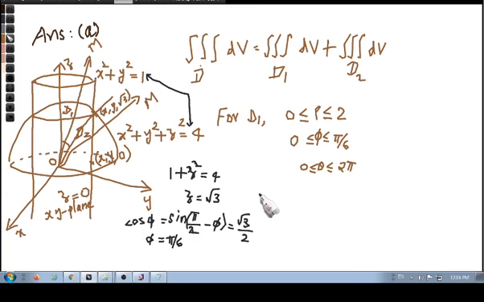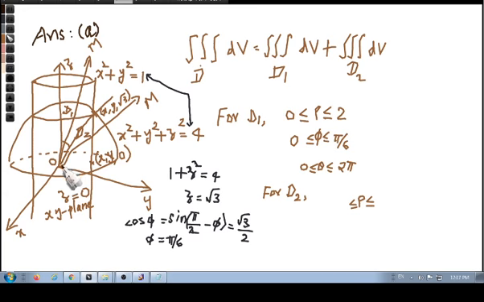So for D2, what happens is, first rho variation. Rho varies from where to where. So to determine that, draw a ray that starts at the origin and passes like this.